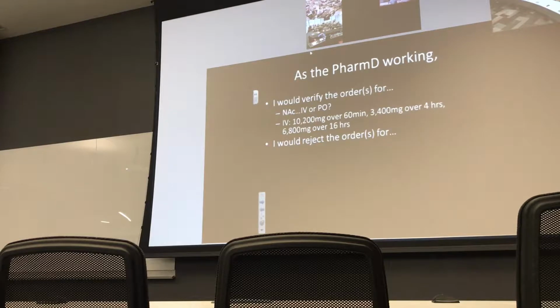I won't make you calculate this out, but it's very important that you know how to dose N-acetylcysteine. It is a very common intervention for pharmacists to make because people order it inappropriately, okay? So it's important that you know the dose specifically.